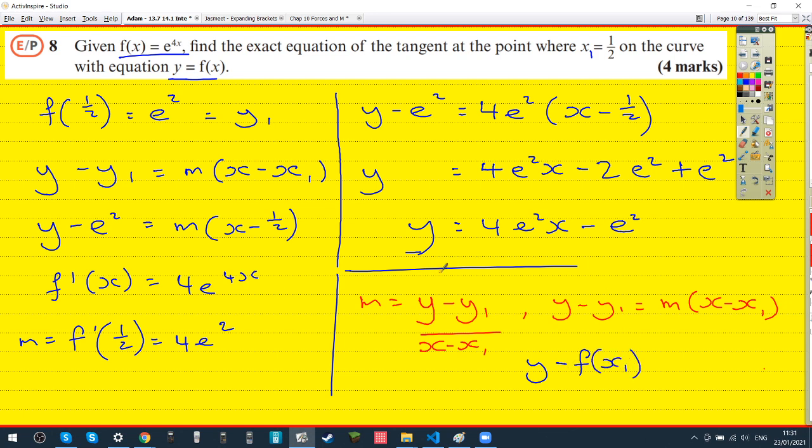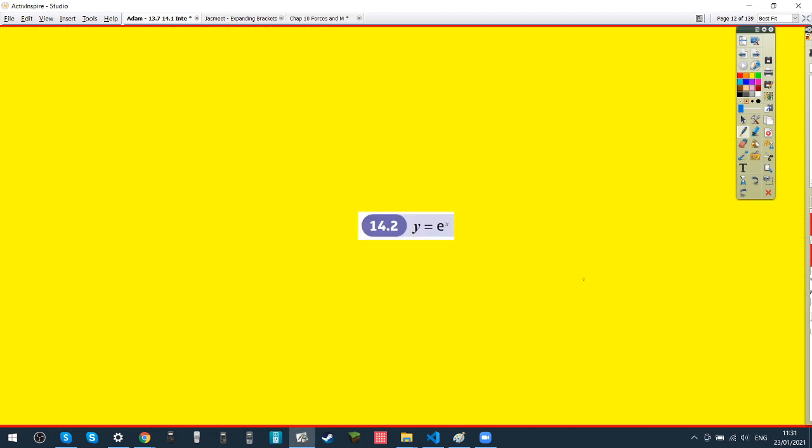So you sub x into the f of x, and the gradient is what you get when you sub x into the f dash of x, the gradient function. x1, f of x1, f dash of x1. And you sub all three of those in.